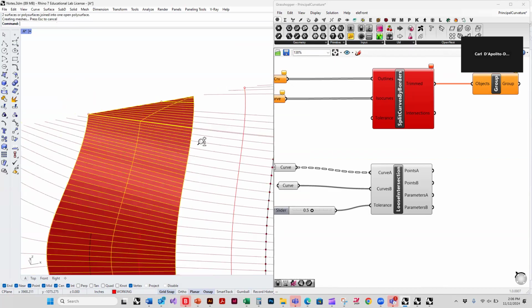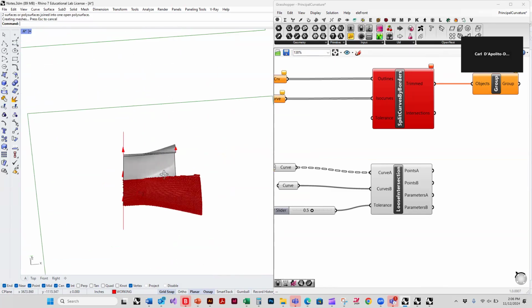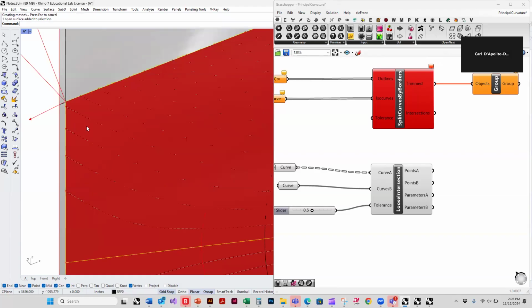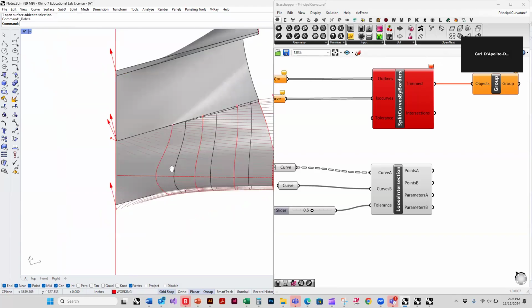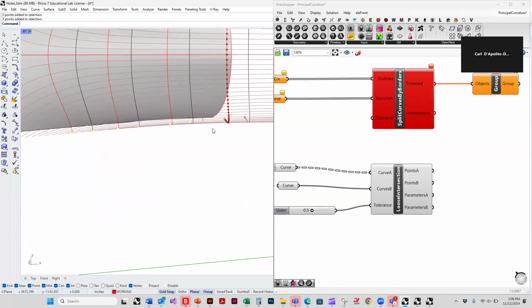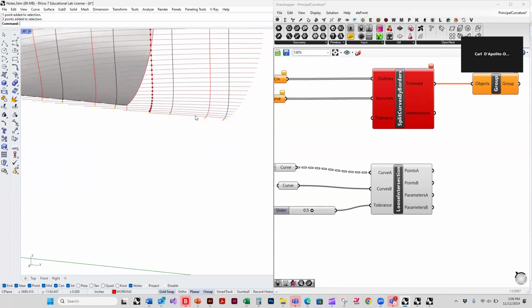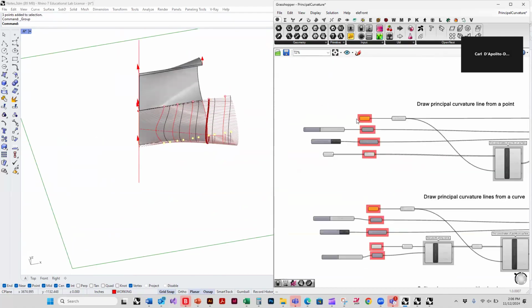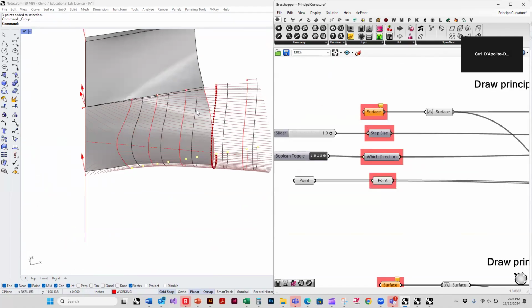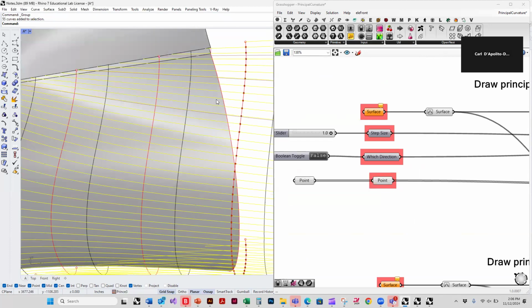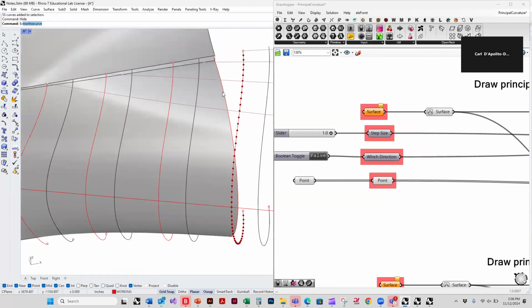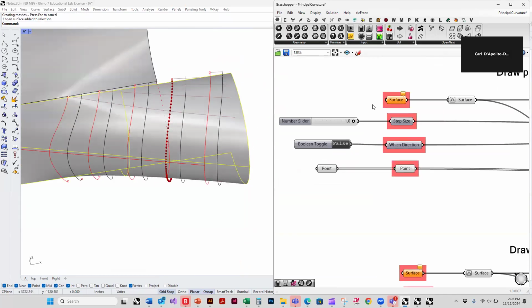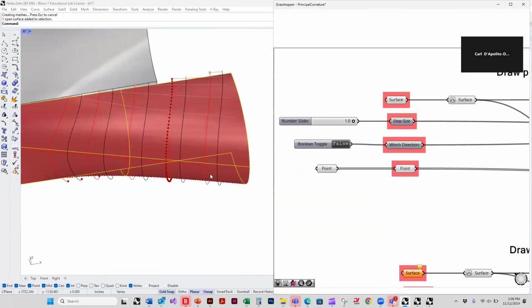Okay. Now, in order to do the overlap, I end up hiding this first surface, taking all these points, putting those in the point script, taking the surface that's behind it, and using that surface.